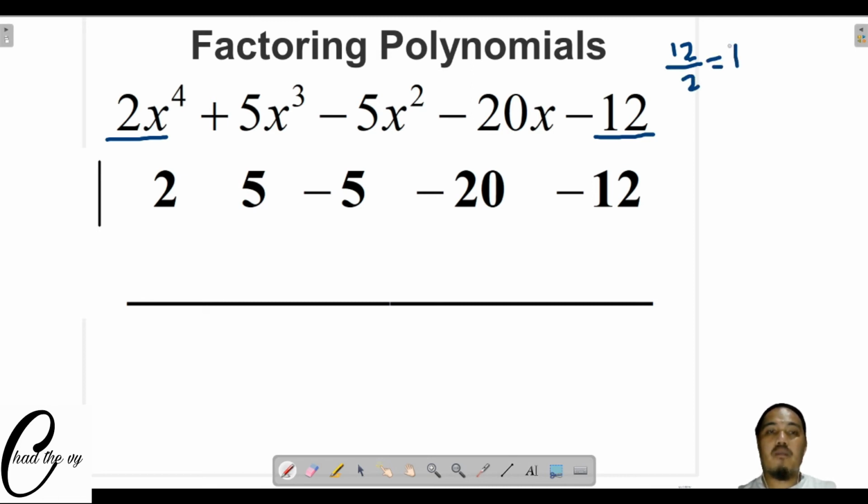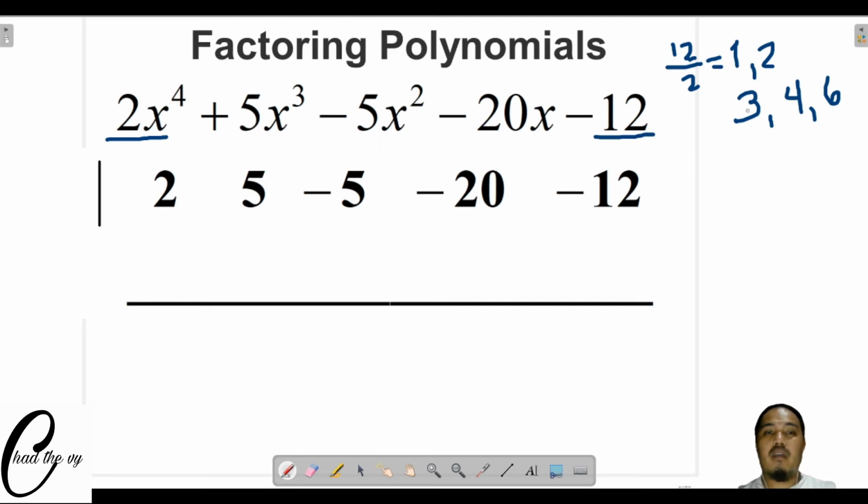Siyempre, pasok si positive 1 and 2. Ano pa ba yung factor ng 12? So, 3, 4. Tama. Then 2 and 6 kasama yon. So, wala nang iba. So, yan yung possible.